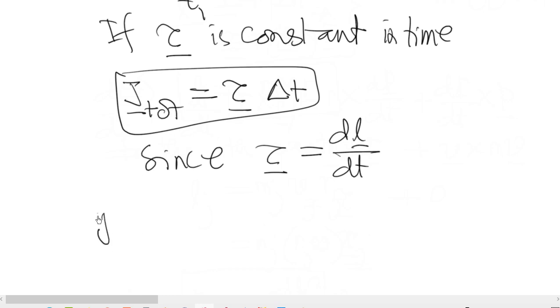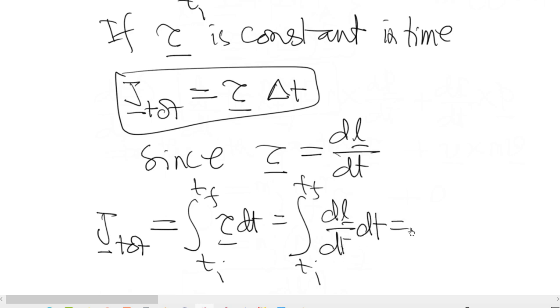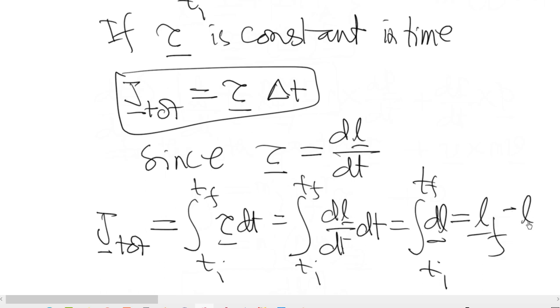We can write the impulse of force in the case of rotational motion, instead of tau, putting dL by dt, and this can be written as Lf minus Li.